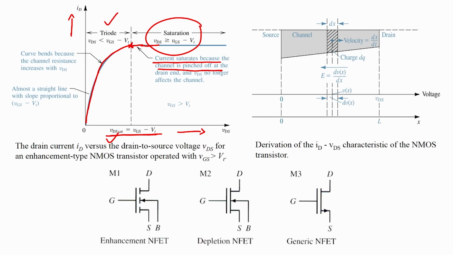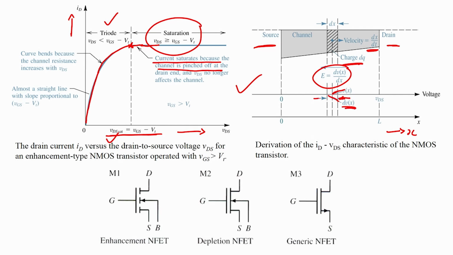If I see this particular plot, there is a source, a channel, and a drain, and there is a formation of charge. The velocity is nothing but dx by dt, where this is my x. The electric field E will be nothing but dVx by dx, where this is my voltage Vx and this will be my dVx.